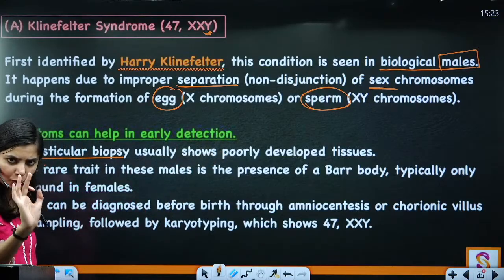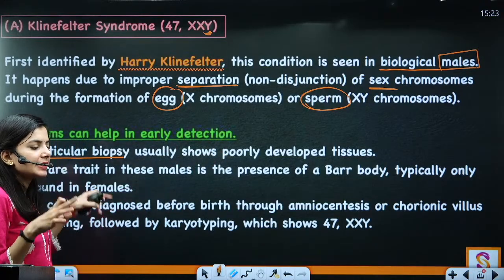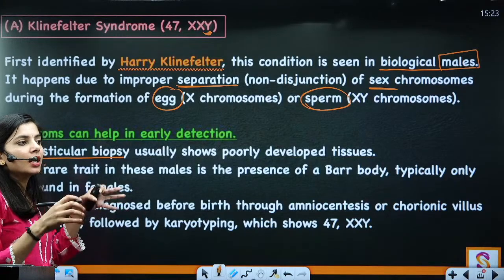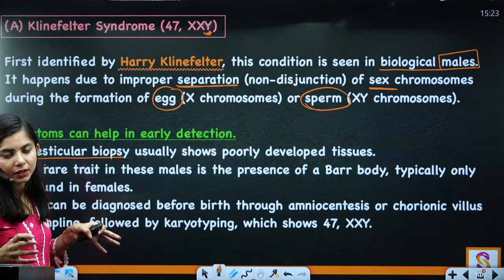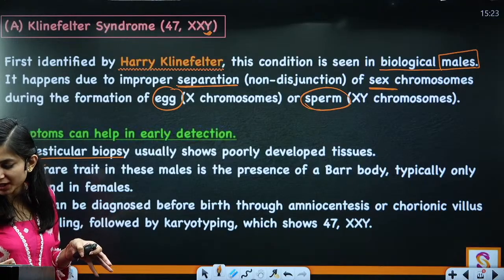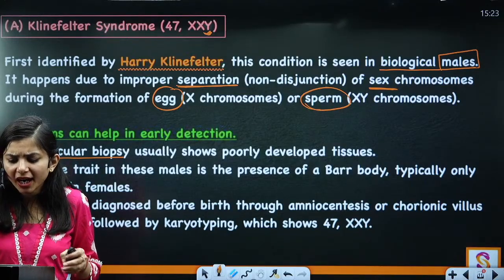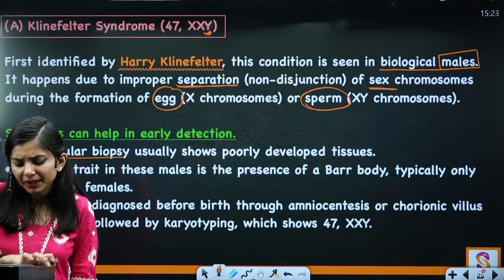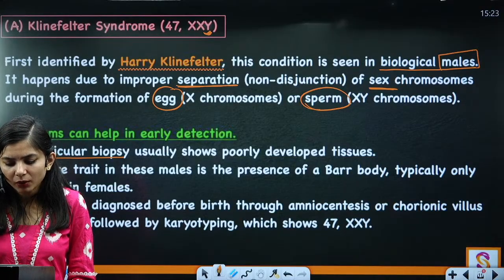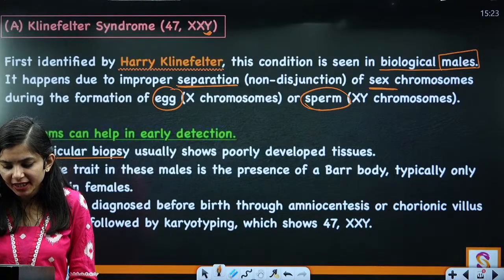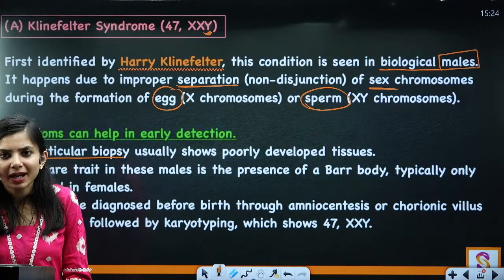I'm going to show you, just wait for that. It is a male reproductive organ, and the male reproductive organs are not in the required shape, or they are not completely developed in that way. So that's how it is specified by the testicular biopsy.